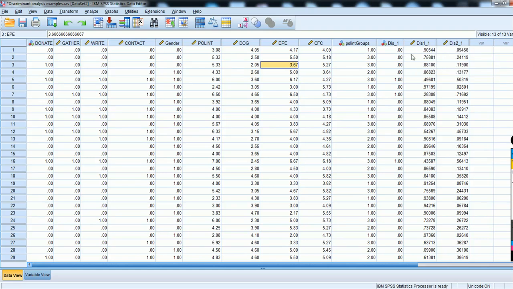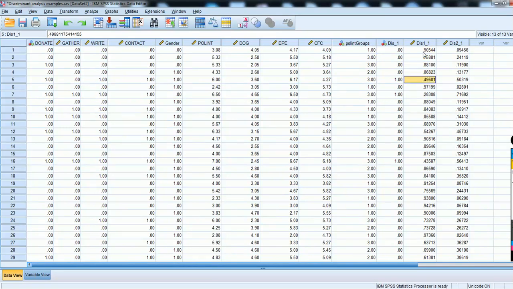So for this particular case right here, the probability of being in group 0 was 0.905. So basically a 90% chance of being in group 0 based on the model, and a 9% probability of being in group 1. So because of that, this case was predicted to fall into group 0.